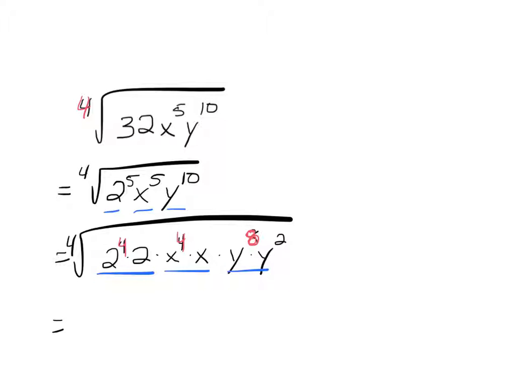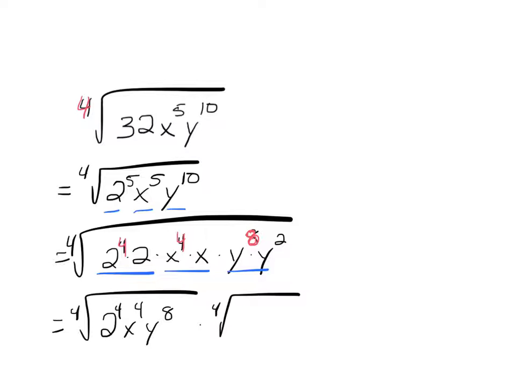I'm going to group the stuff that plays nice, in this case the 2 to the 4th, the x to the 4th, and the y to the 8th, under one radical. And then in the other radical, I'm going to put what I call the remainder factors. I got 2x and y squared.